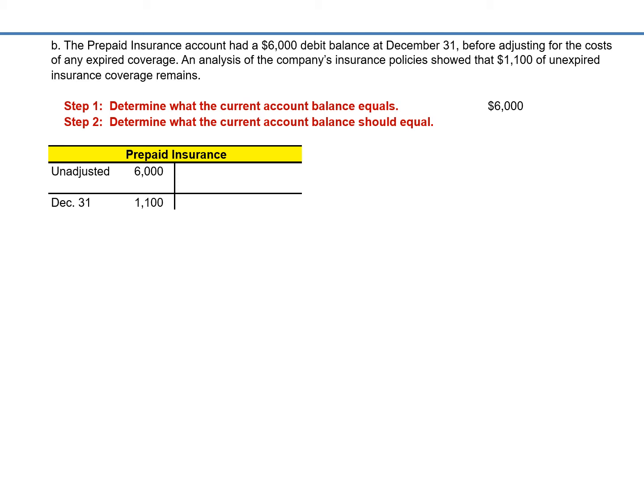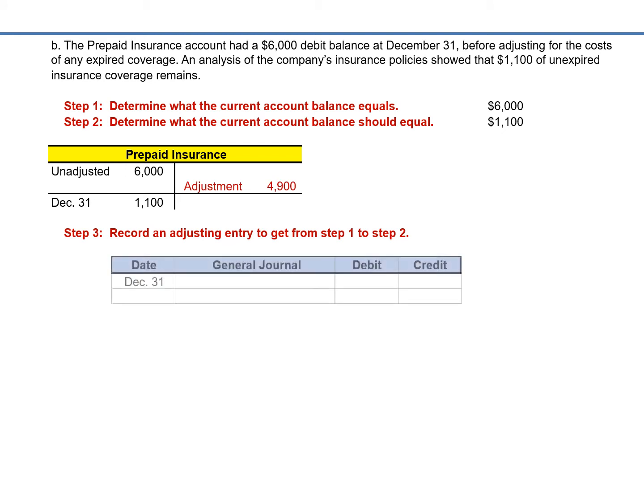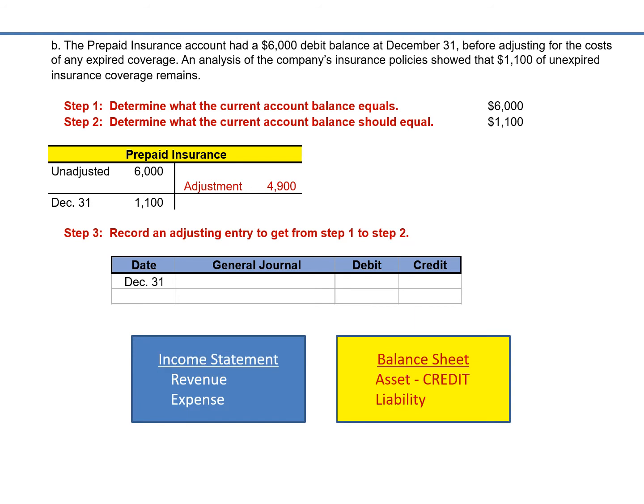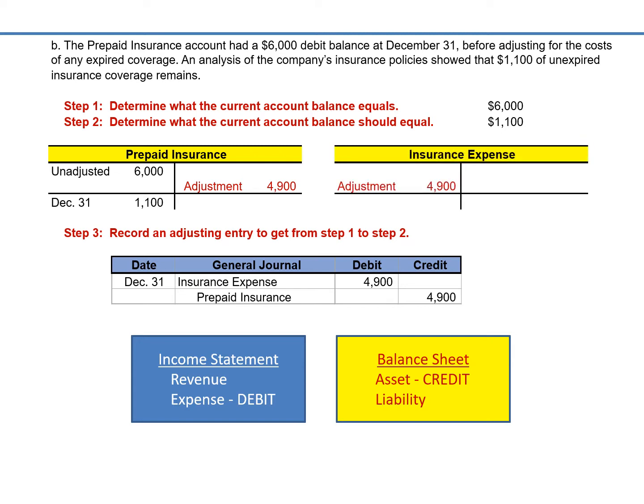So how do we get from $6,000 in a prepaid insurance asset account to $1,100? We need to decrease it, right? We decrease assets with credits, right? So we have a credit to prepaid insurance for $4,900 and a debit to insurance expense for $4,900. Okay? And there's your other T account.